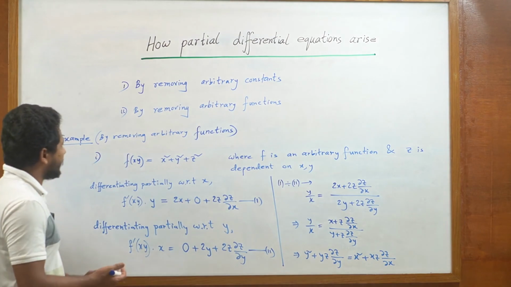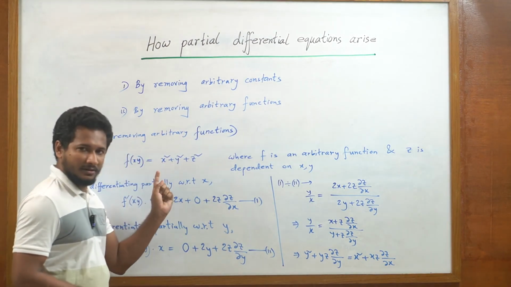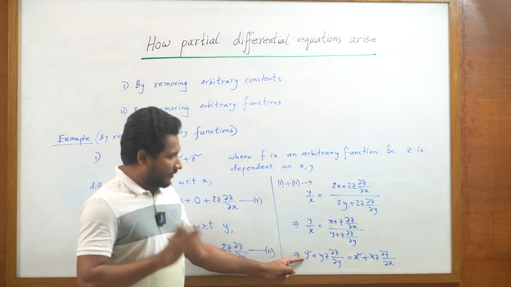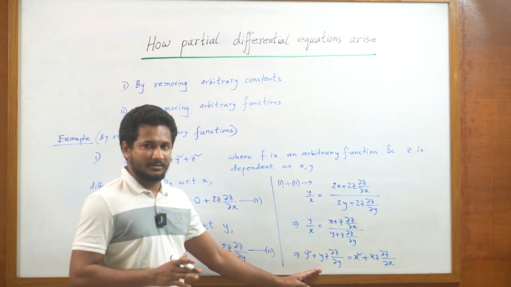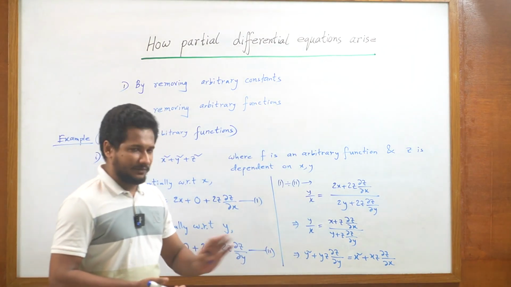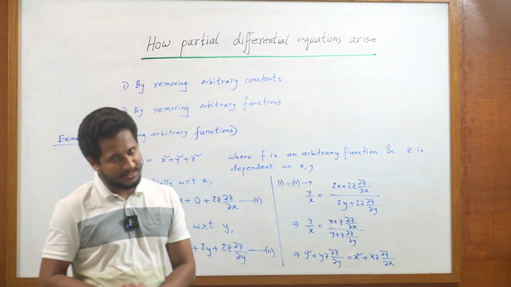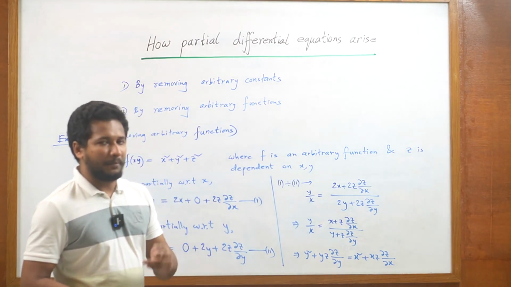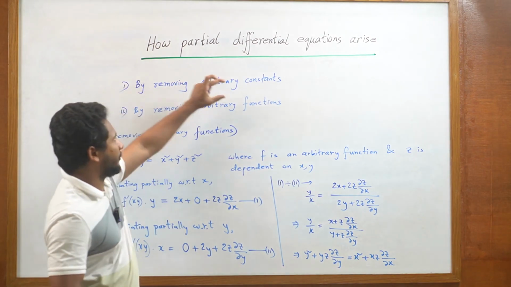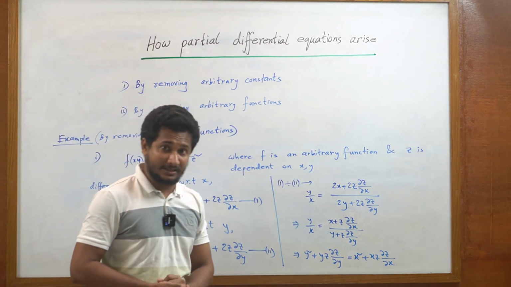So when we remove an arbitrary function from an equation, partial derivative operators will arise and we call them partial differential equations. Okay, so partial differential equations will arise in two cases. First case, by removing arbitrary constants, and the second case, by removing arbitrary functions.